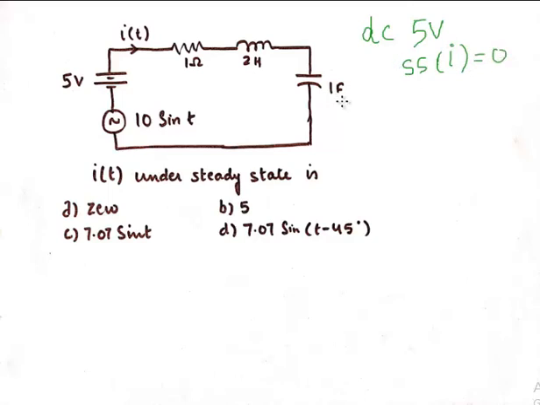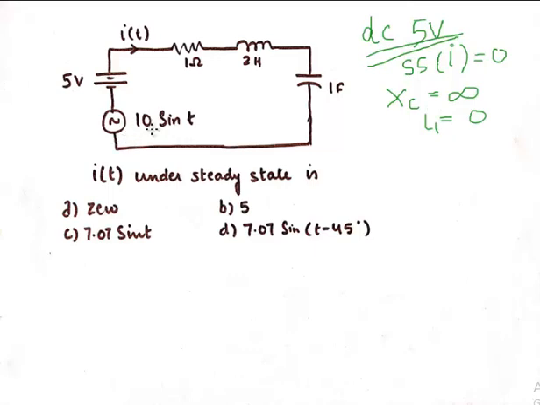The reason for that is that the capacitor will act as an infinite reactance component towards DC; in steady state a capacitor blocks DC altogether. So you would not have any current because of this DC voltage source, and hence I1, the current because of the first voltage source, will be 0.